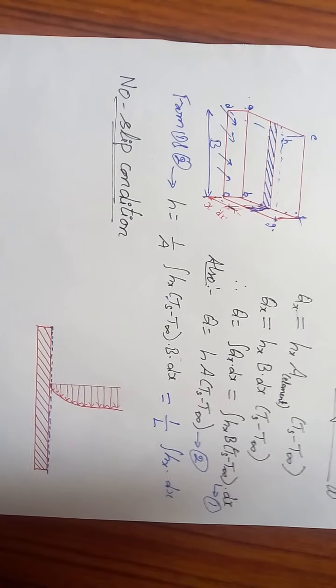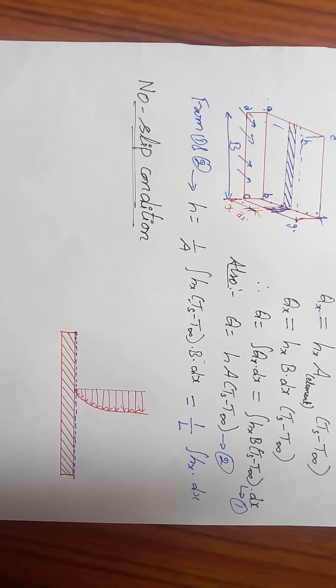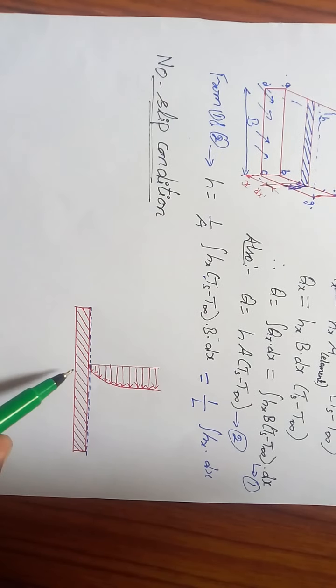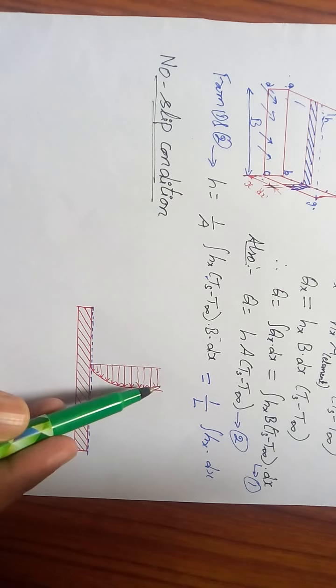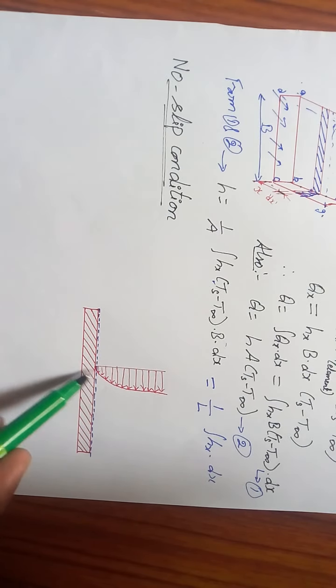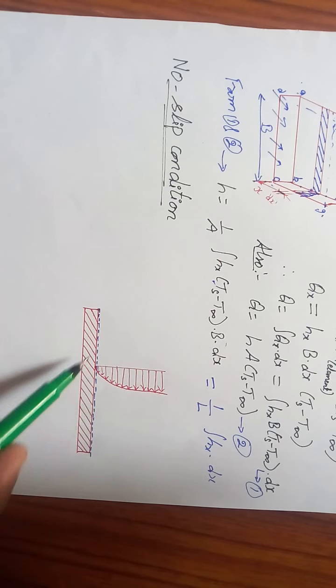So now here we have the other concept called the no slip condition. Consider a flat plate and this is the velocity profile. If you go back to class number 2, you will get the development of this profile in detail.